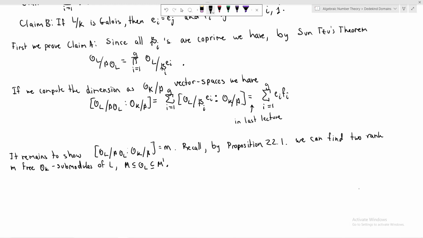Let me just say a bit more about that precisely. So we have isomorphisms of O_K modules, right? Because these things are free, we can really say that M is isomorphic to O_K to the little m, and M prime is isomorphic to O_K to the little m.